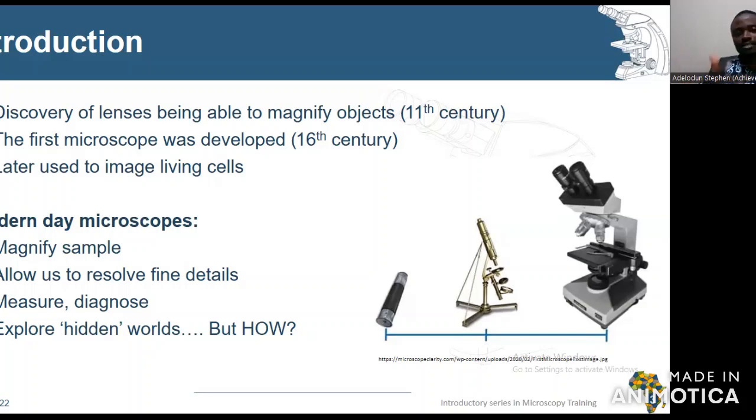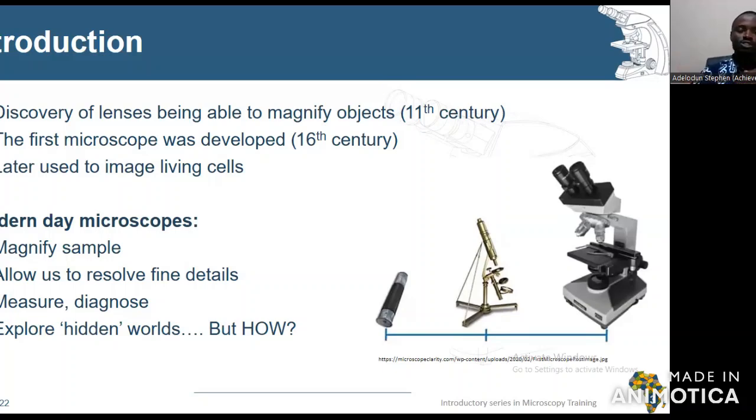But as time went on, some few hundred years later, the first microscope was developed. That was after so many prototypes had been tested by various scientists and inventors. They came up at last with the first microscope, and that actually used a candle as a source of light.